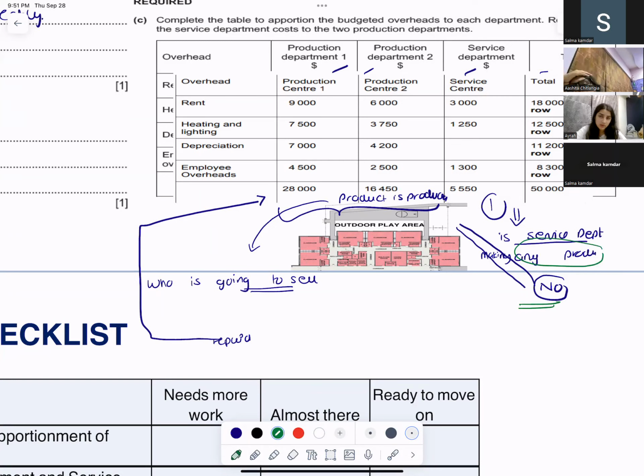They are not making any product, but however, they have some expenses which they have incurred to help the production department. They do not have anything to sell, but they have expenses. So tell me, from where can they recover their expenses?